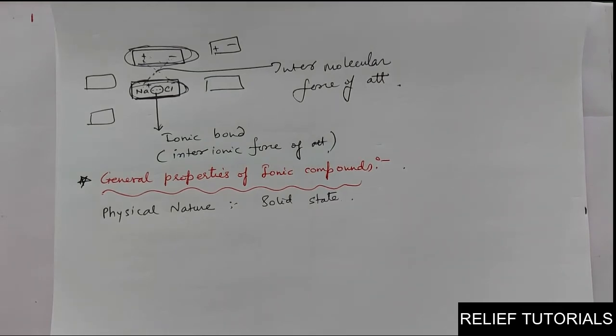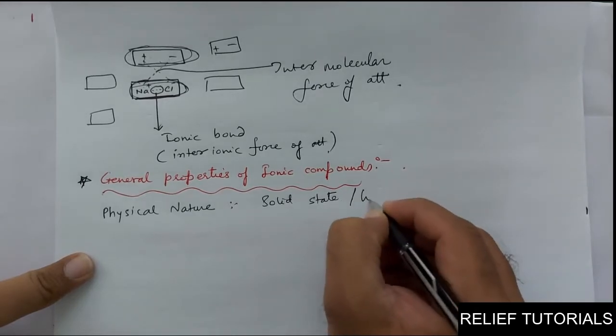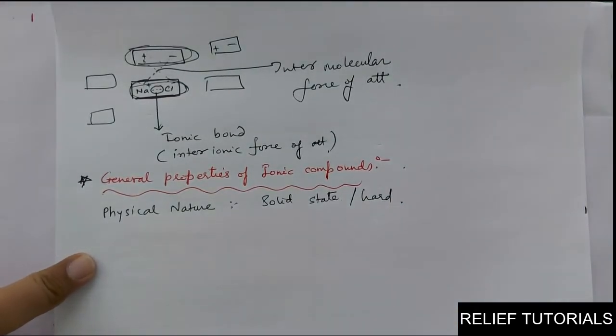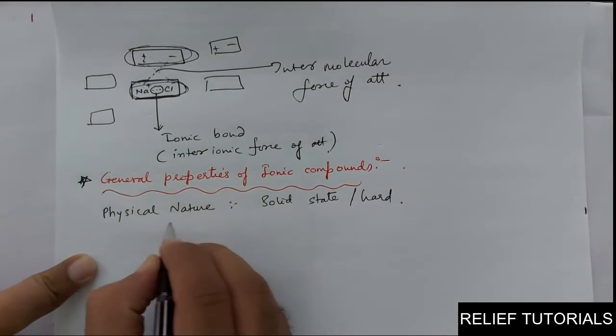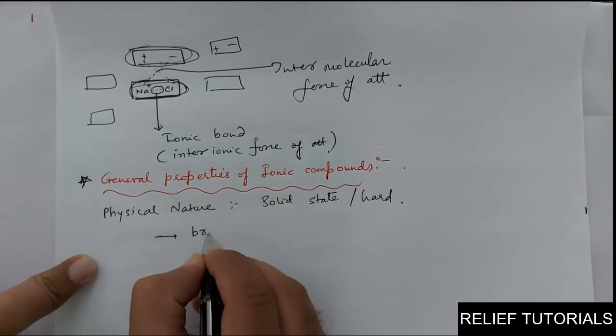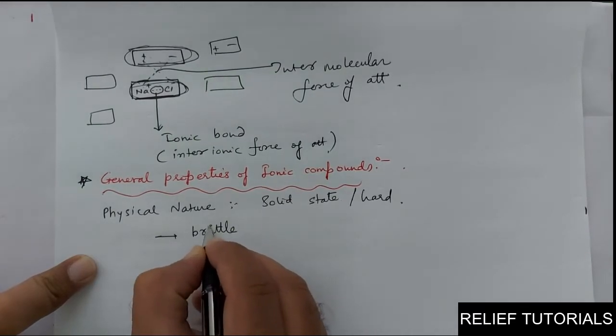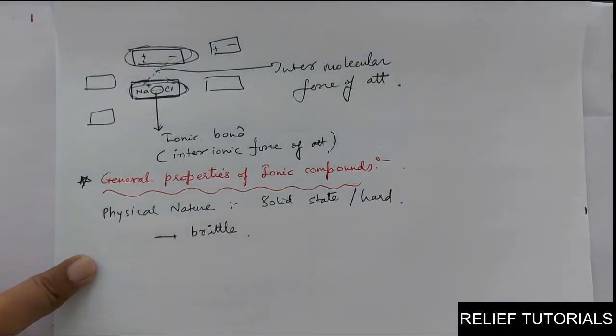The first thing to remember, most of the ionic compounds are solid and also hard, and along with that it is to be remembered that they are brittle. Brittle means when force is applied on this type of solid, it is going to be broken into powder form. That means they can easily be broken.